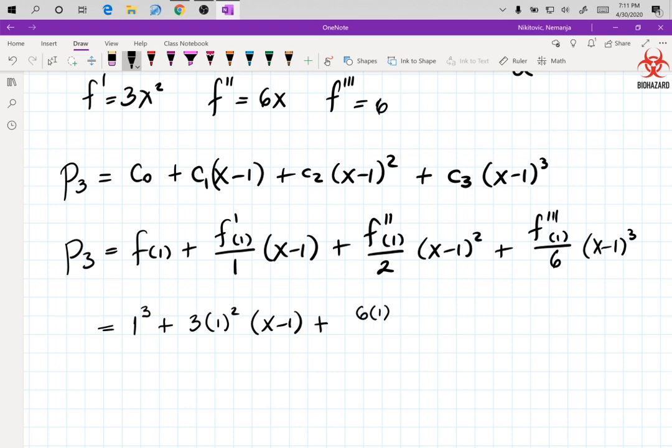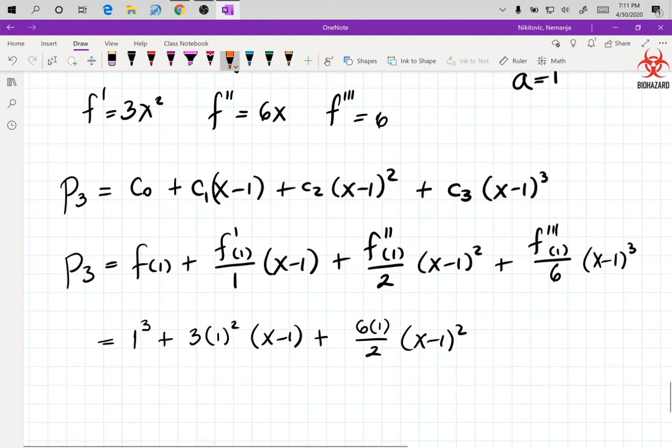That's 6 times 1 over 2 (x minus 1) squared. Right? You just have to follow the formula. It says calculate the second derivative at 1. Okay. Second derivative is 6x. And I'm supposed to compute that at 1. And finally, third derivative is just 6 divided by 6 times (x minus 1) cubed.